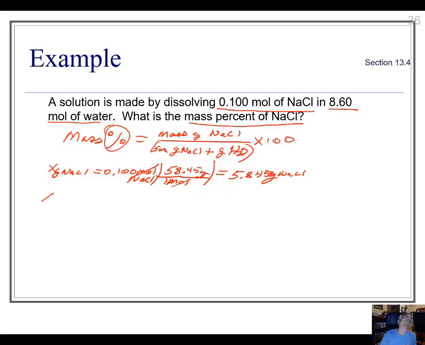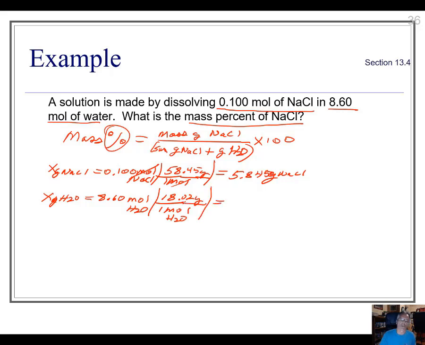And then we're going to do the same thing for water. This is X grams of H2O. That's our solvent. We've got 8.60 moles of H2O, and every 1 mole of H2O weighs 18.02 grams.